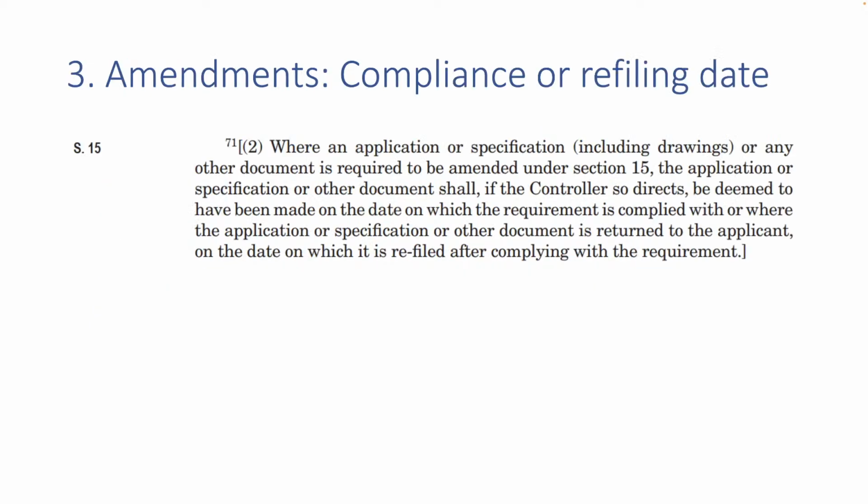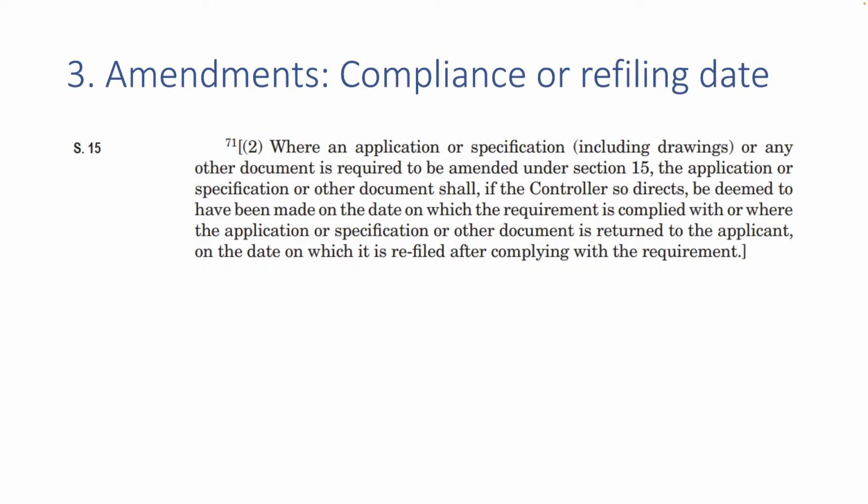The third thing is amendments. In the case of section 15, you will recollect that the controller has the power to request the applicant to make certain amendments. Now, when those amendments are done, either in compliance with the objection raised, or in refiling, the date will be the refiling date.